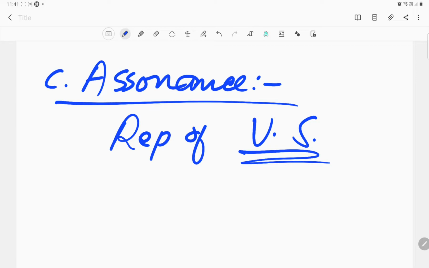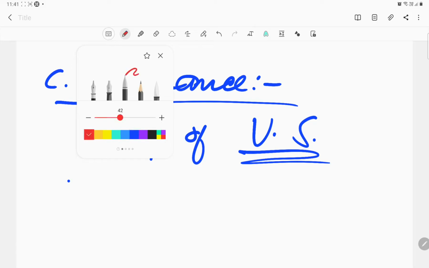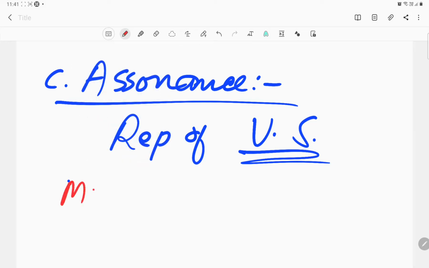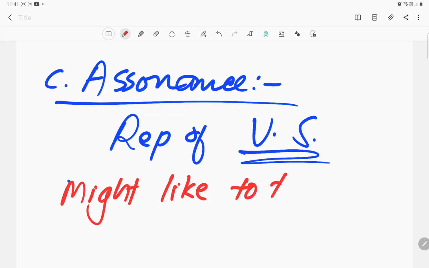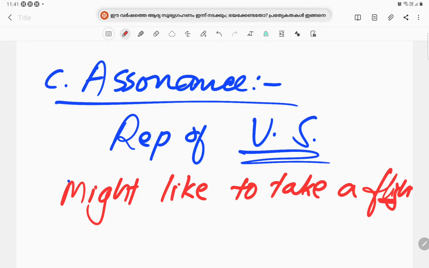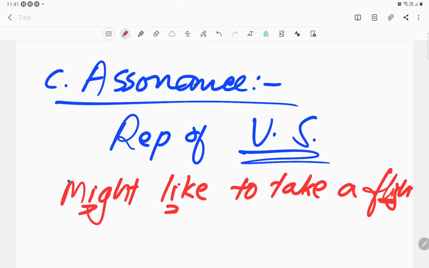Here you have the example: I might like to take a flight. That I sound, the vowel sound, is being repeatedly used.